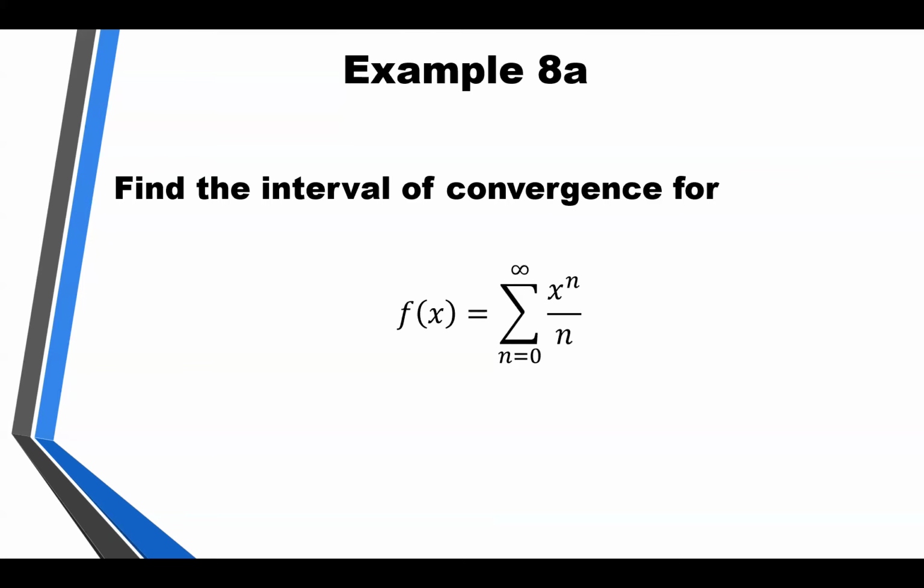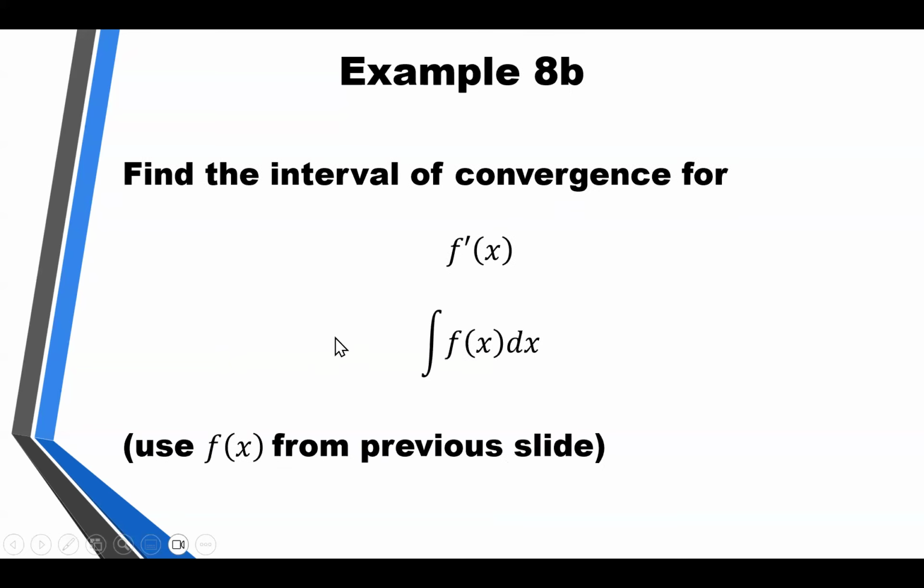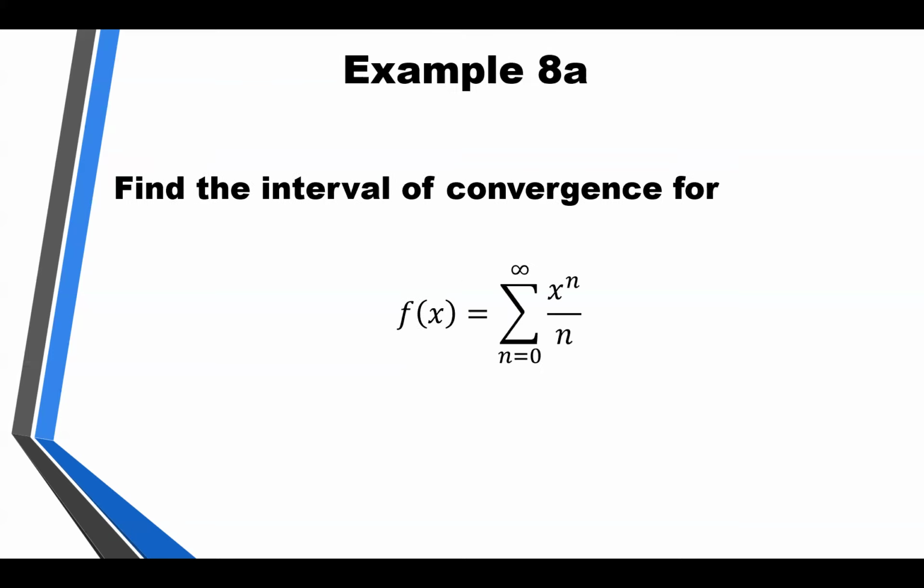This is a fairly straightforward interval of convergence problem. Infinite sum of x to the nth power divided by n. That's my function. And then I'll find the interval of convergence for the derivative and the antiderivative using that same function. So we'll find the interval of convergence for the actual function and then the derivative and the antiderivative.